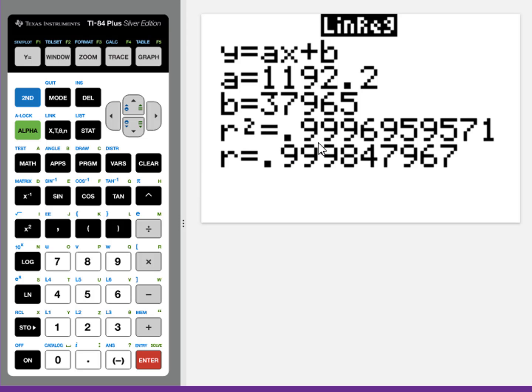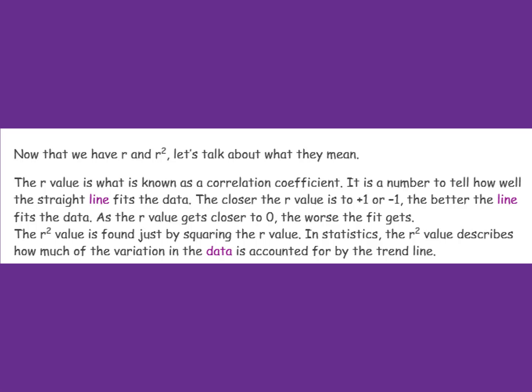You got the R squared, that's 0.9996. R equals 0.999847. Now that we have R and R squared, let's talk about what they mean. The R value is what is known as a correlation coefficient. It's a number to tell how well the straight line fits the data.